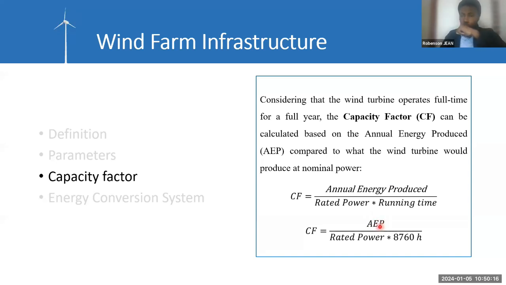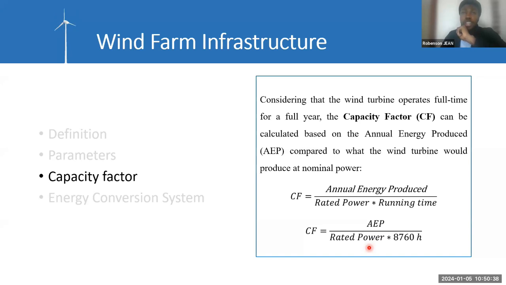But someone can say that obviously the annual energy produced will always equal the value in the denominator. But no, the reason is that a wind turbine is not constantly generating at rated power.